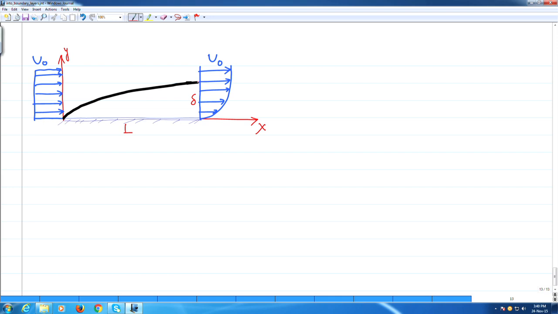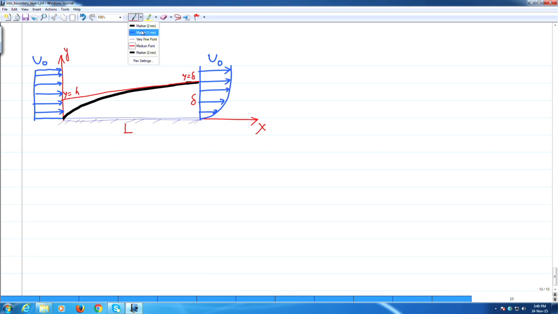We draw a tangent to the boundary layer at delta, and pull it down. Here y is equal to delta, and this height is essentially h, so y is equal to h.